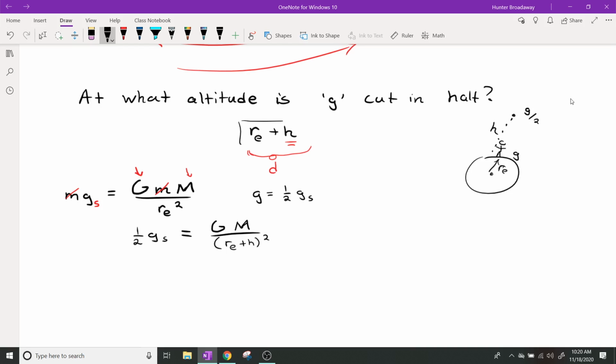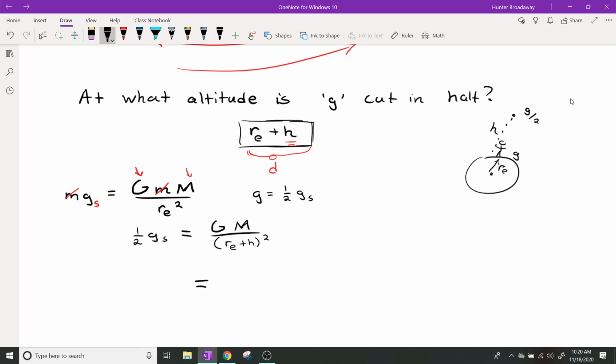Well, this is D, so I have to square everything. The RE and the H has to be squared, the radius of the Earth plus the height. Okay, cross multiply. We can do this. This is going to get a little tricky, and there are probably some cleaner ways to do this, but this is where we are. So we're going to cross multiply.